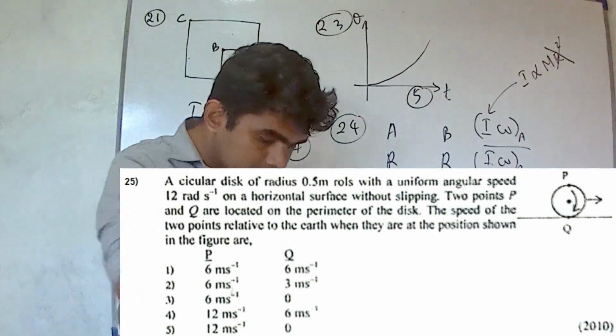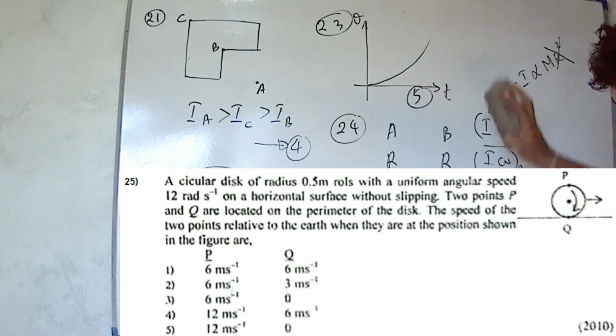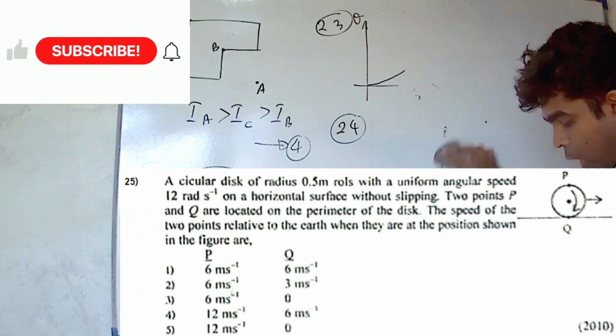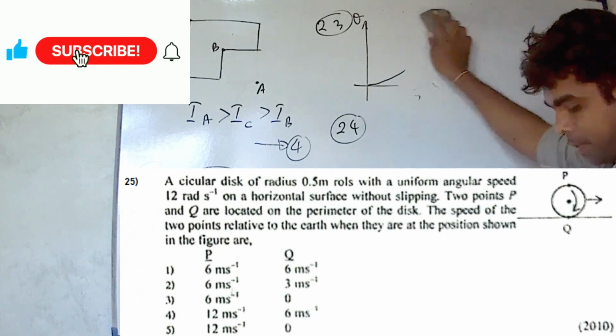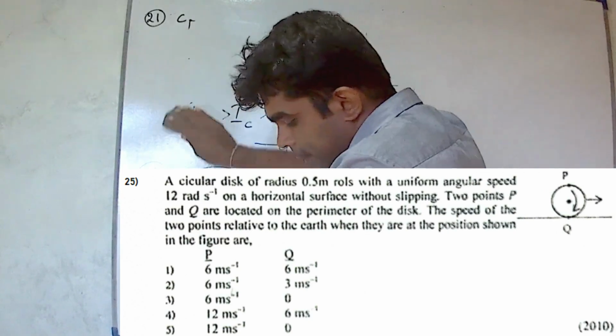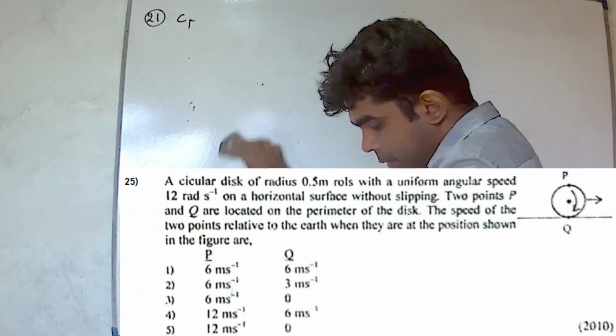A circular disc of radius 0.5 meters rolls with a uniform angular speed of 12 radians per second on a horizontal surface without slipping. Two points P and Q are located on the perimeter of the disc.